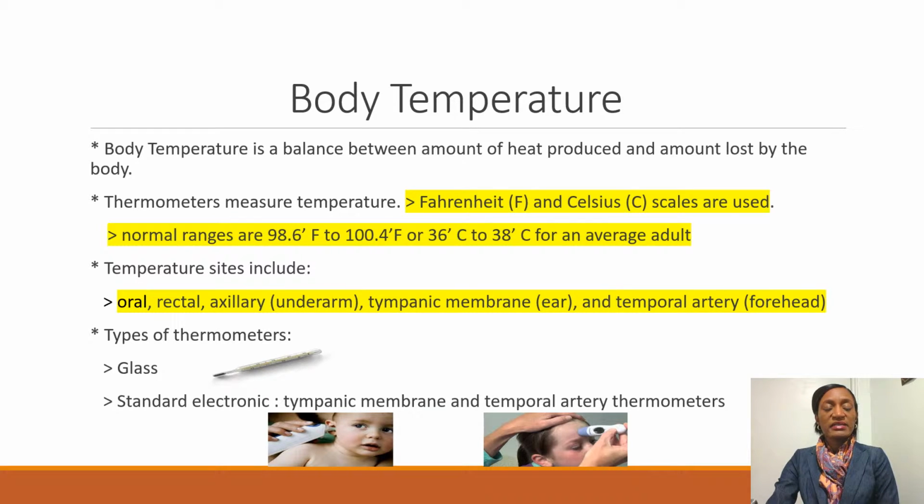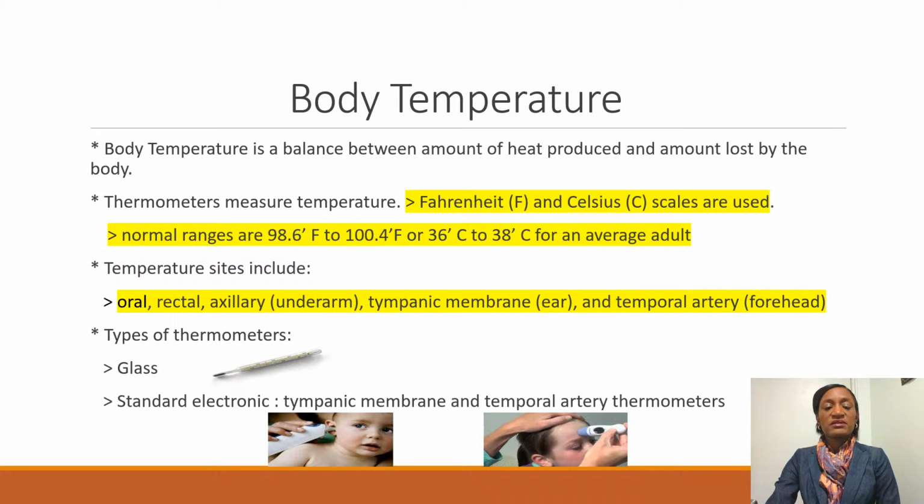Familiar temperature sites include the oral route, rectal, axillary, which is underarm, tympanic membrane, which is in the ear, and the temporal artery, which is on the forehead.